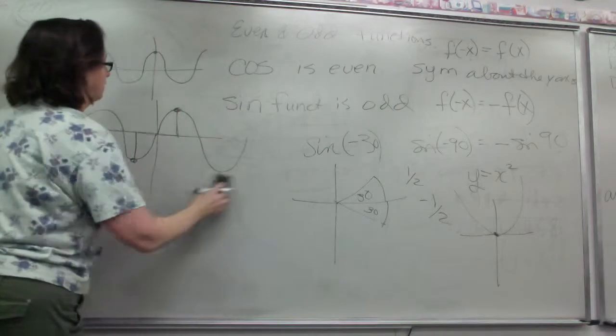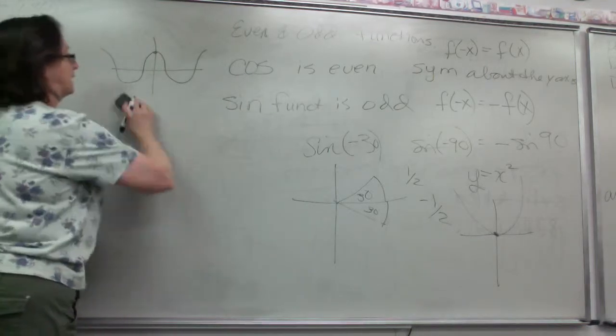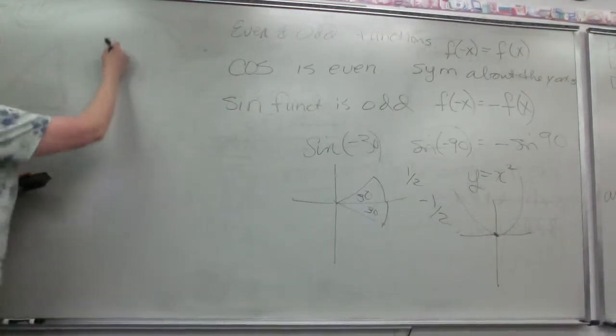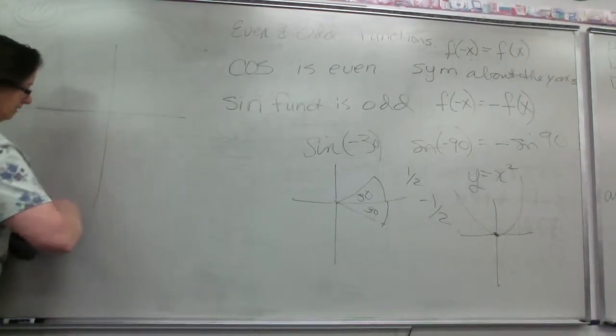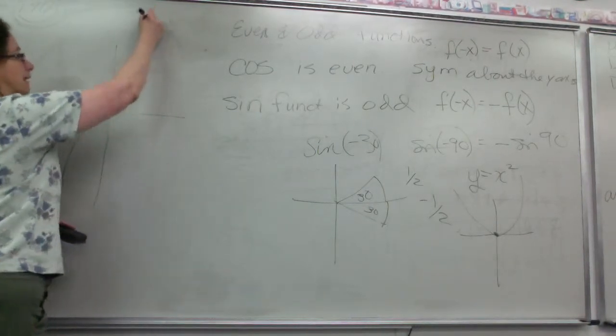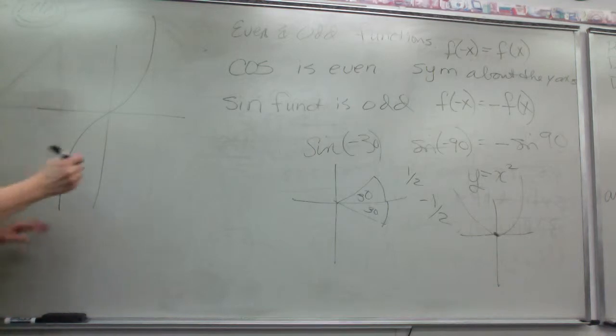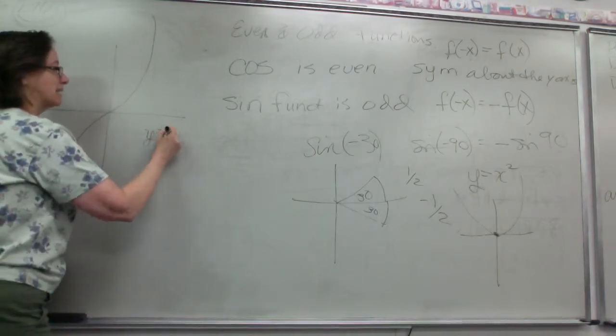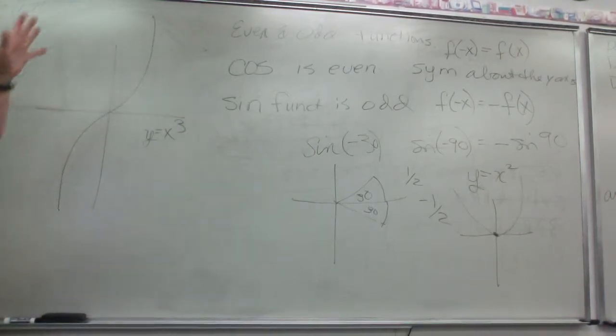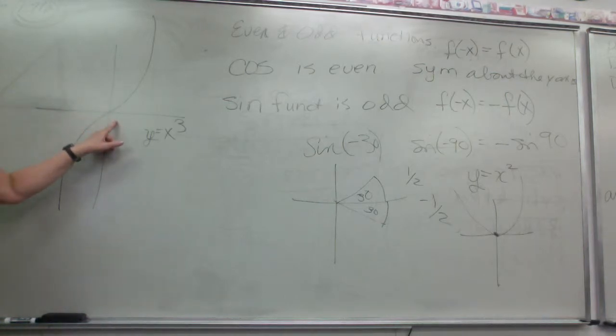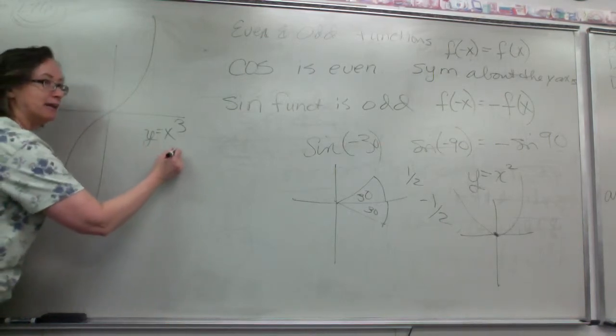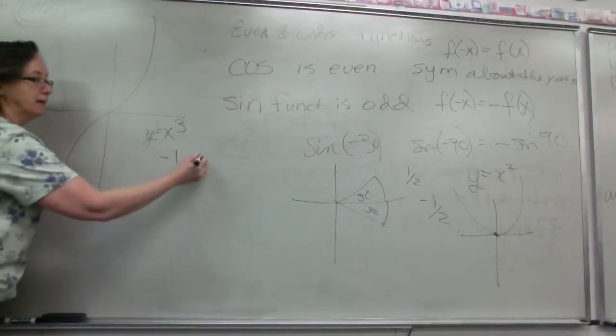What's another classic odd function besides the sine? It's cubic. Y is x cubed. That is my parent cubic function. Is this function an odd function? If I plug in negative 1, I get out a negative 1.